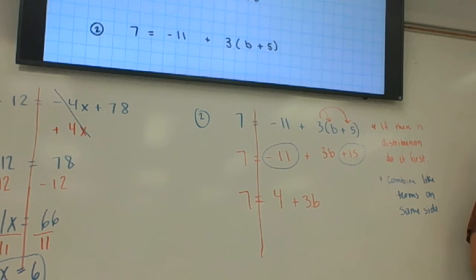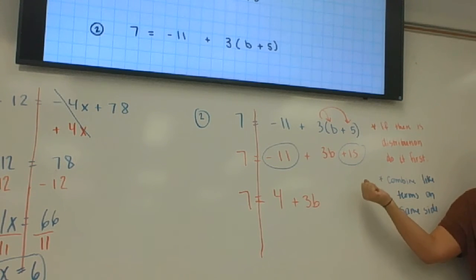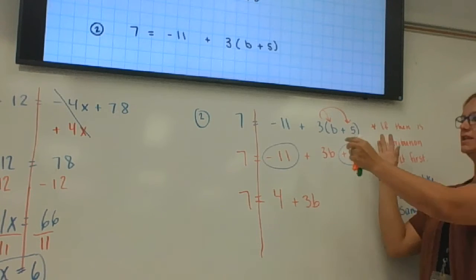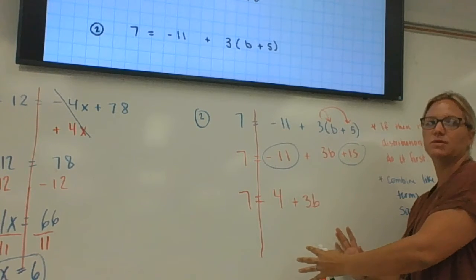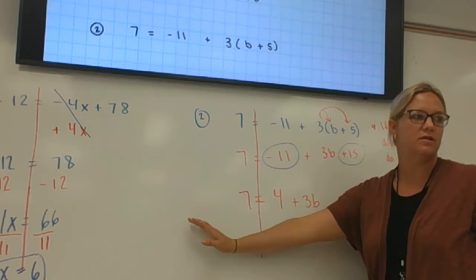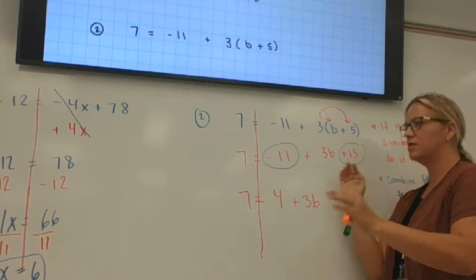It's not wrong, but as you get into more and more complicated equations, it will be more difficult if you don't just go ahead and collect like terms. Simplify everything over here before you move it across the line. Your goal is to get this side as simple as possible before you start bringing things over, or you're just bringing things over and bringing things over.